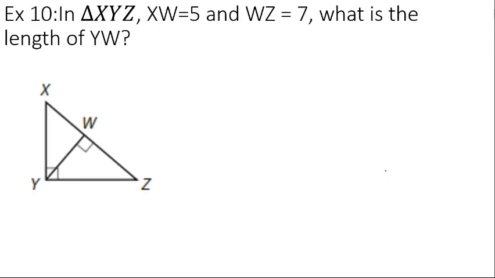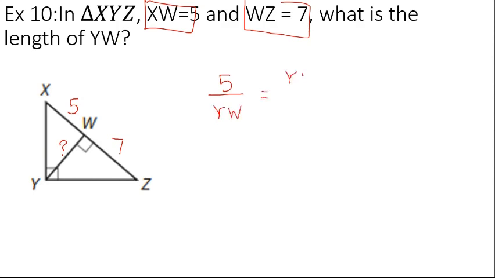And last one, number 10. In the triangle XYZ, we say XW is 5. So this is 5. WC is 7. Asking what is the length of YW? So we don't know what that is. So I'm going to start off by writing out 5 over YW equals YW over 7.